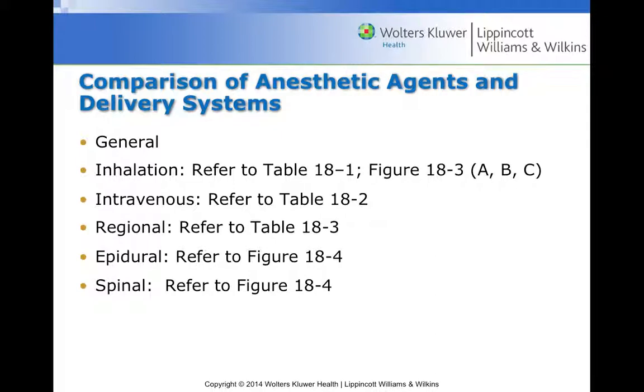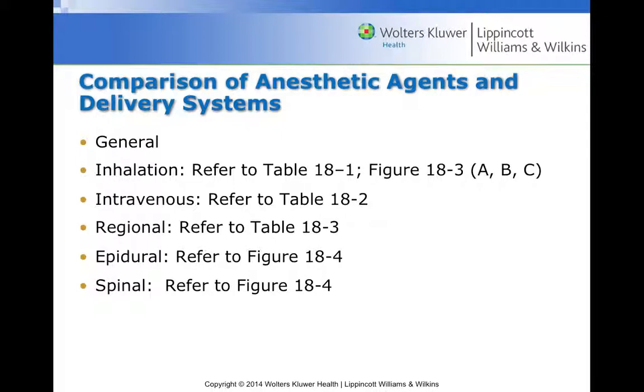Looking at intravenous administration, general anesthesia can also be produced by IV administration of various substances such as barbiturates, benzos, non-barbiturate hypnotics, dissociative agents, and opioid agents. An advantage of IV anesthesia is that the onset of anesthesia is pleasant.